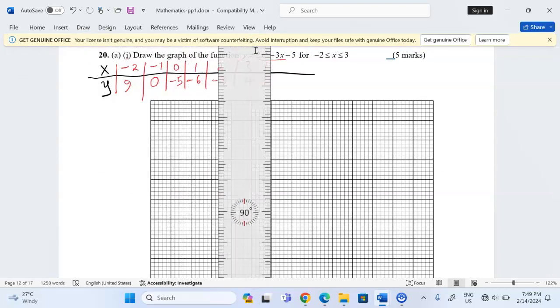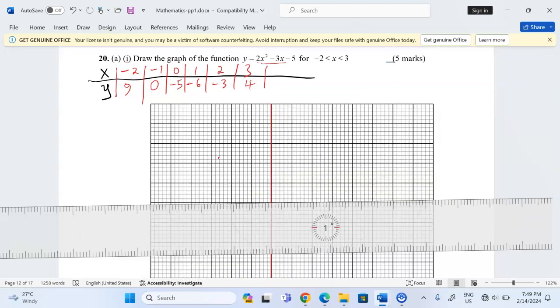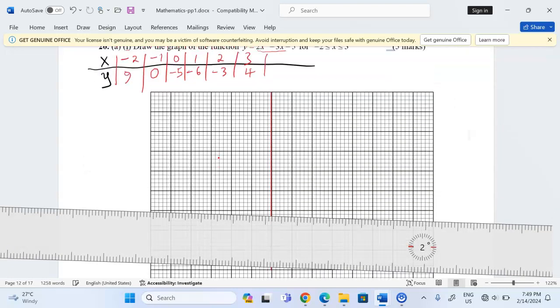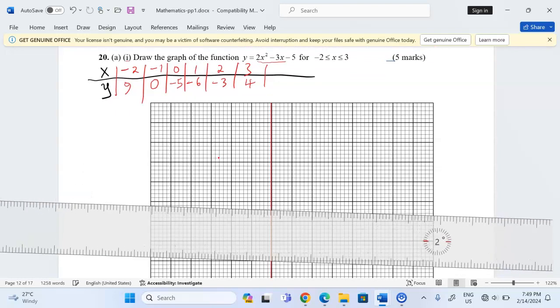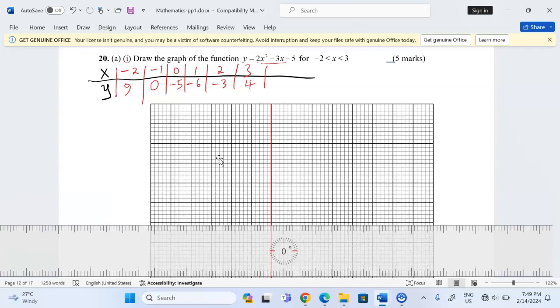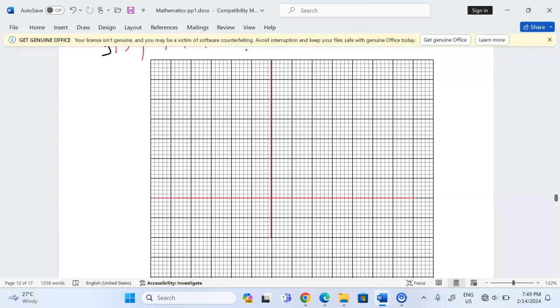So I can have the y-axis at that point, then now the x-axis. This is going to be the y-axis, the x-axis.